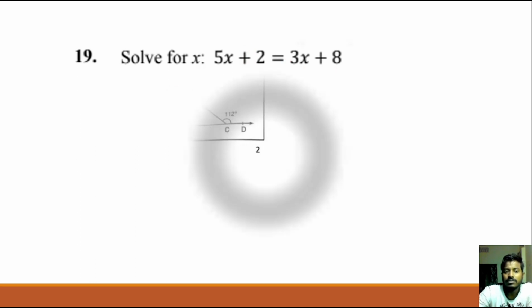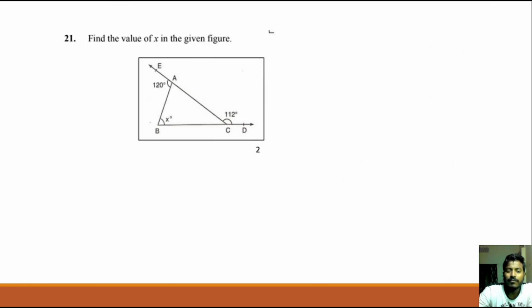Next question. Find the values. Okay, so first find out this value. How to find? Write down: angle BAE plus angle BAC is equal to 180 degree, linear pair.